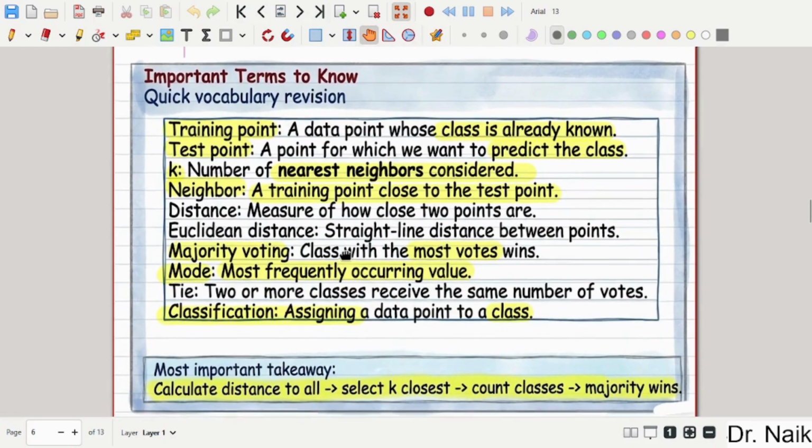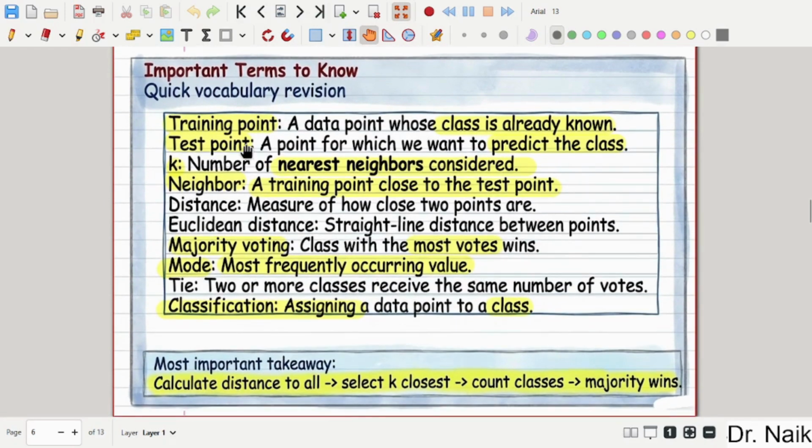Now understand some important terms. Training point means a data point whose class is already known. Test point means a point which we want to predict the class. K means number of nearest neighbors to be considered, and neighbor means a training point close to the test point.